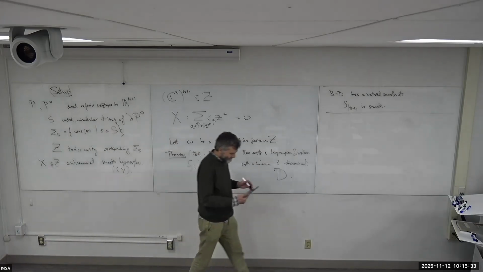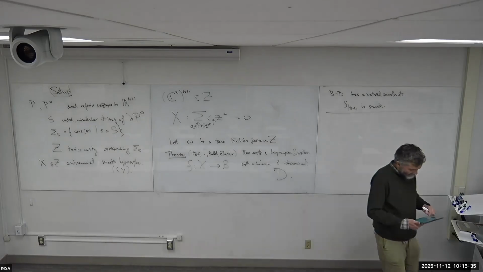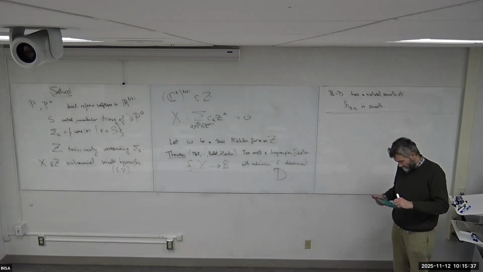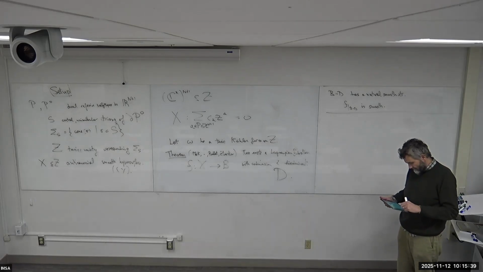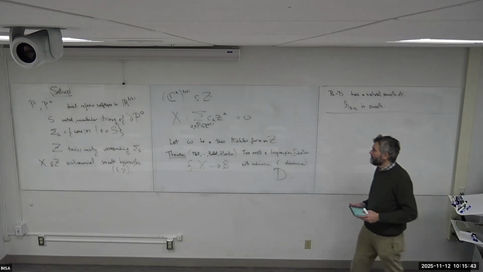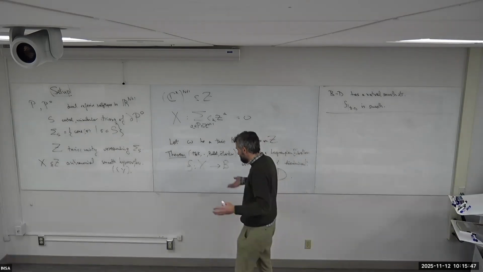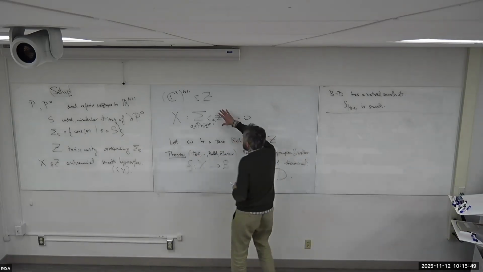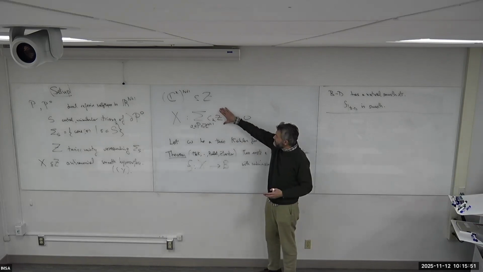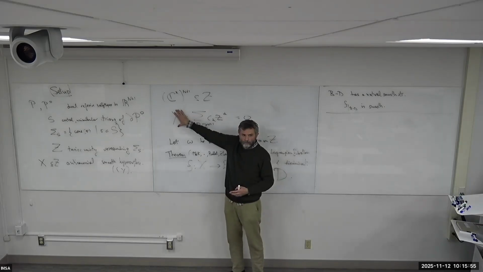Okay. So let me say a word about the setup. One of the ideas, the main idea, is to modify this equation in order to break X into some local models.